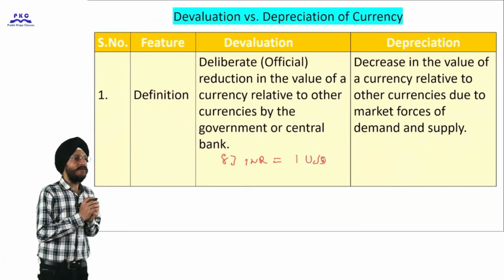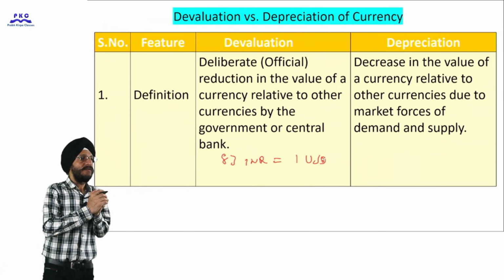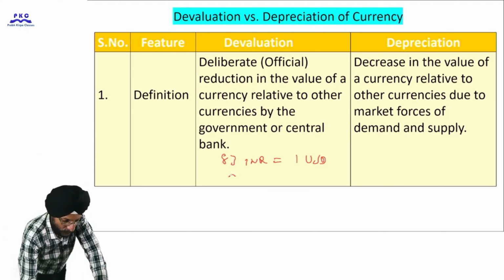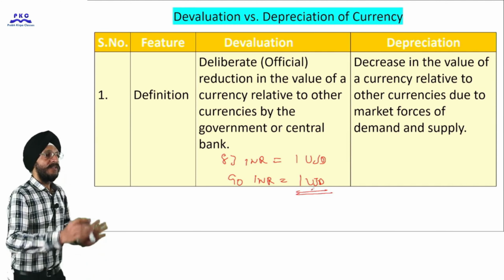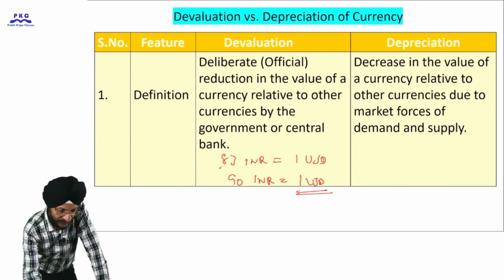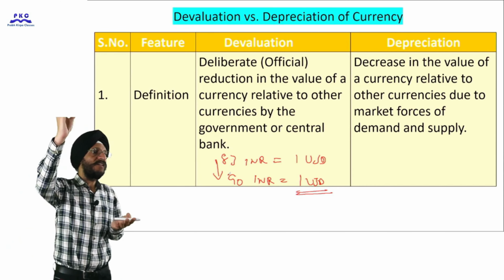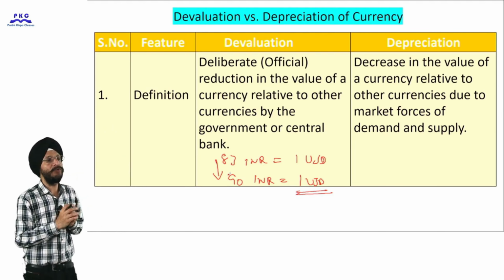If the government or the central bank of India decides to reduce the value of the Indian currency, then it is devaluation. Suppose it decides that from now onwards 90 Indian rupees will be equal to 1 US dollar, it is devaluation. This decrease in the value of the Indian rupee vis-a-vis other foreign currencies by government order or by the order of the central bank of the country is devaluation of the currency.